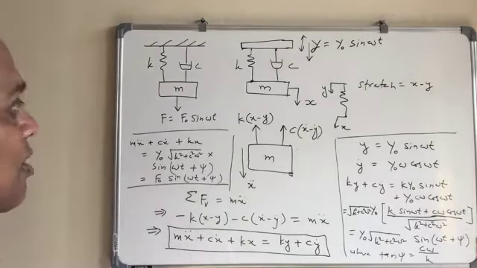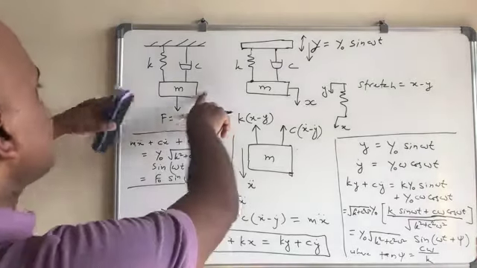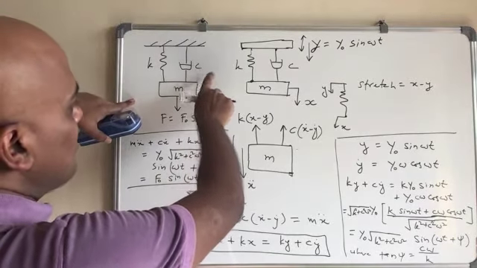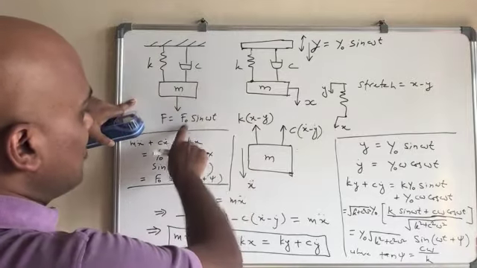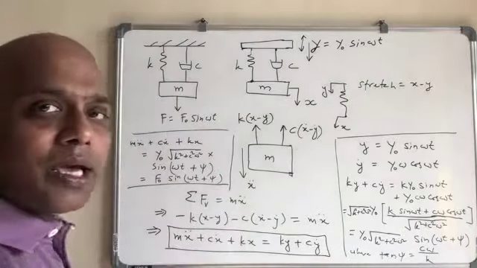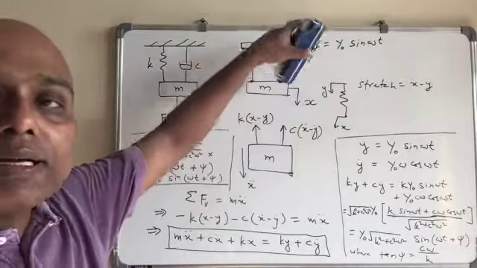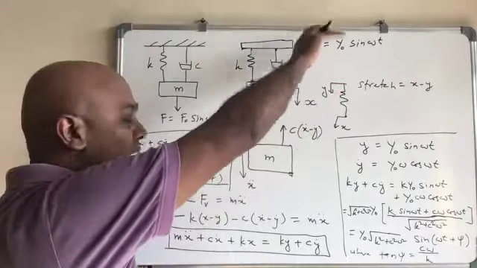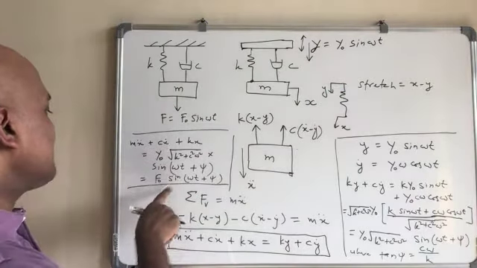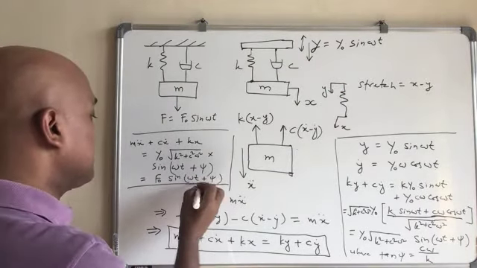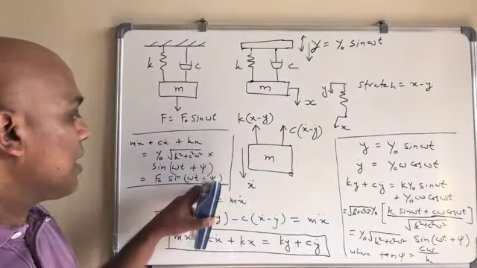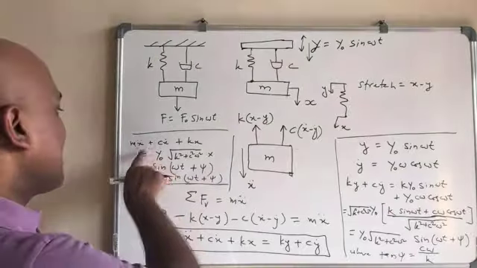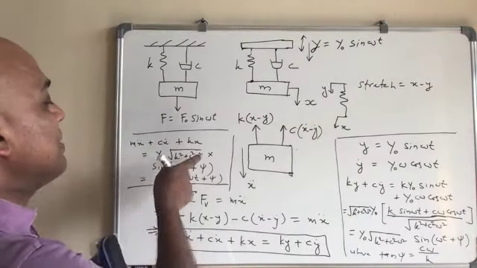So in this case, we have kx plus cx dot plus mx double dot equal to f naught sine omega t. Here, the base itself is moving in a sinusoidal manner, and you get a similar expression. You do get a phase angle psi, but the solution will just have a different phase.